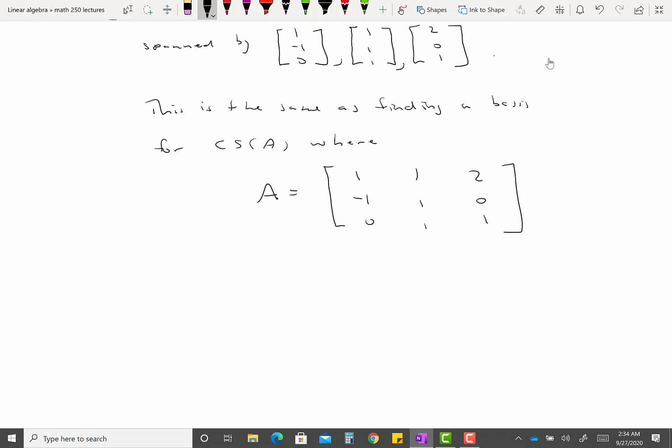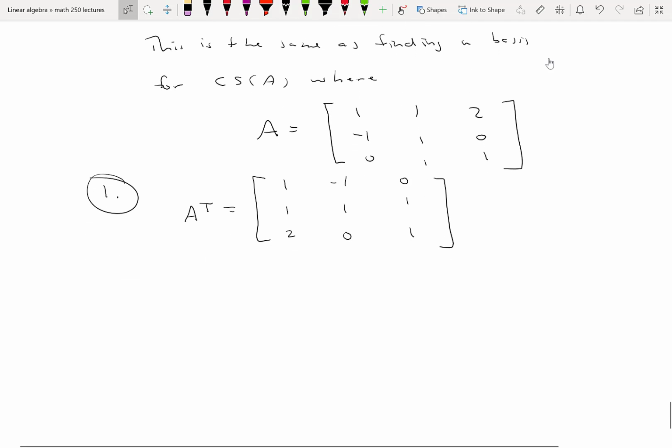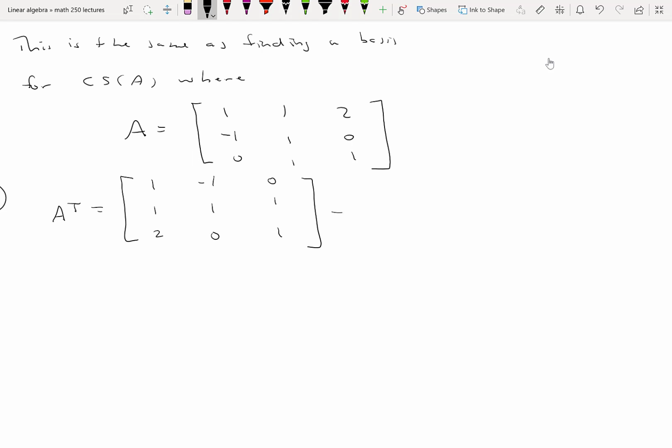Step 1. Find A transpose. A transpose is 1, 1, 2 as the first column, -1, 1, 0 as the second column, and 0, 1, 1. Step 2. Find the RREF of that.